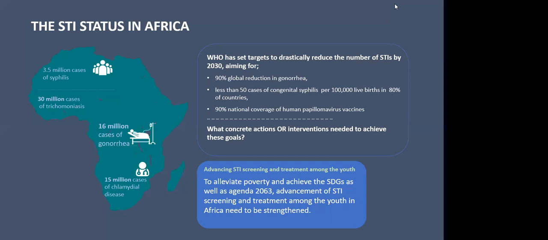But you realize some of them are not able to access these condoms that they can use to prevent STIs. And in terms of stereotyping, because most of these accessories are found in health centers, a youth just walking into the health center and picking them up is sometimes a big challenge, especially in a village or rural setup.